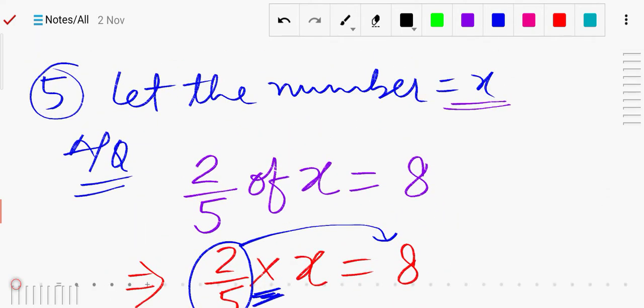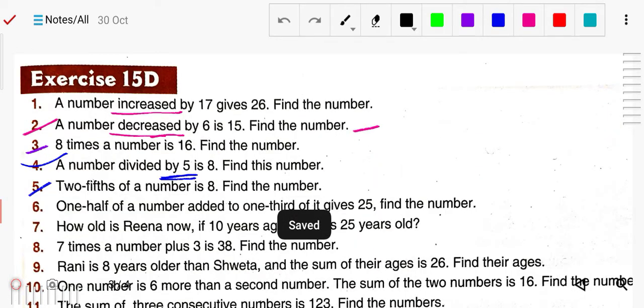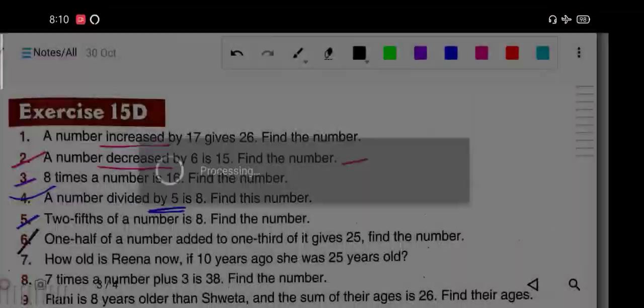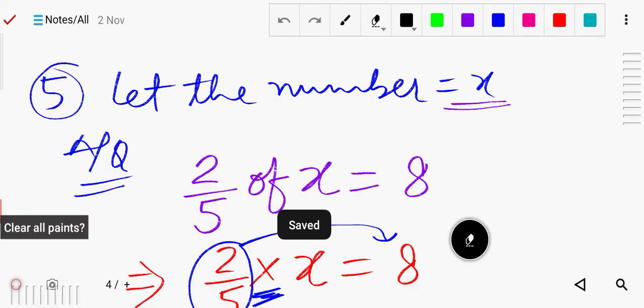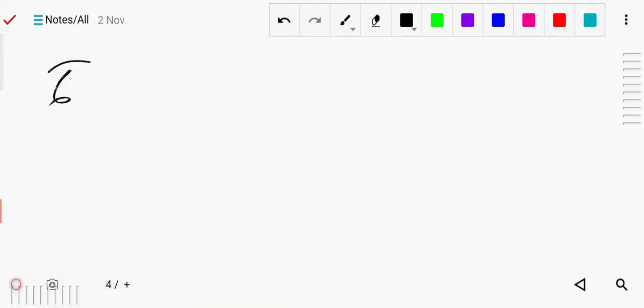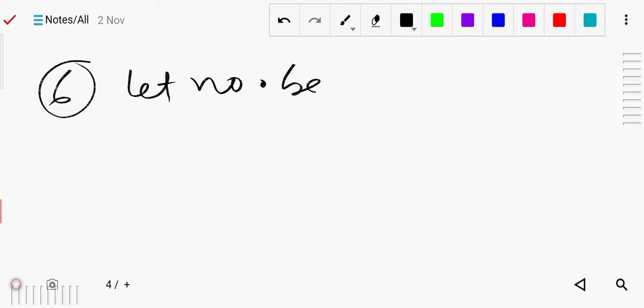Okay, so this is your solution. Now next we will solve number 6. You can see: 1/2 of a number added to 1/3 of it gives 25. It means there are two things we have to add, 1/2 and 1/3 of a number. So let's solve this question. Number 6. Here let the number be x.